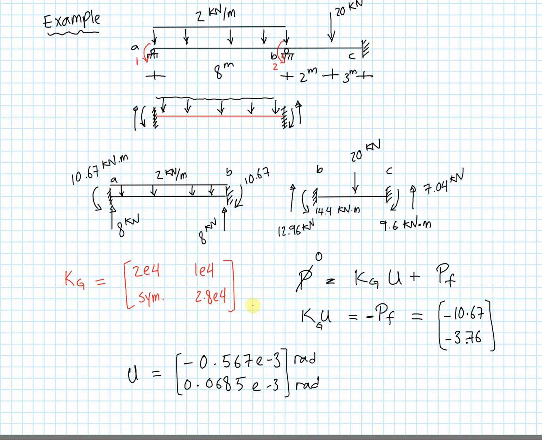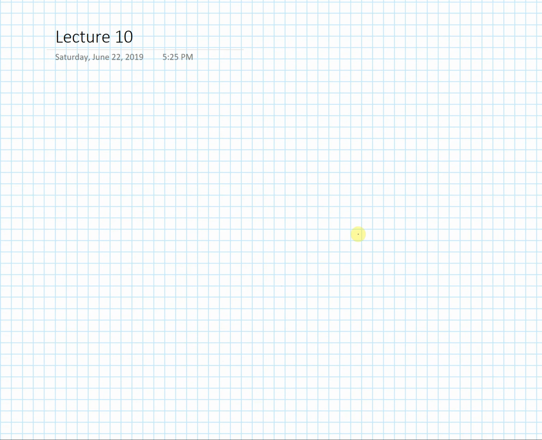And lastly, what I want to find out is what are my elemental forces? So I have PAB is equal to KAB, and I know what my deformations are.